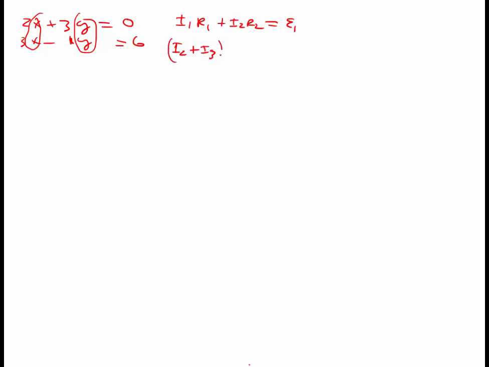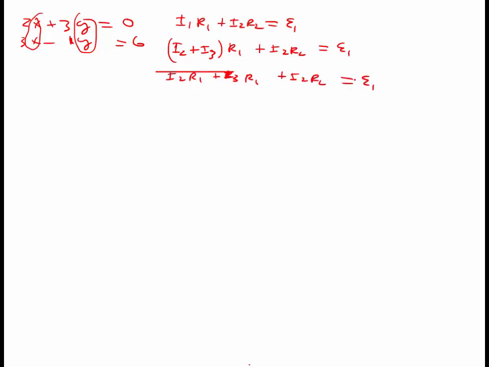So if we multiply that by R1, and then plus I2 times R2, that equals to E1. And then if we multiply it, this becomes I2 times R1 plus I3 times R1 plus I2 times R2, and then that equals to E1.